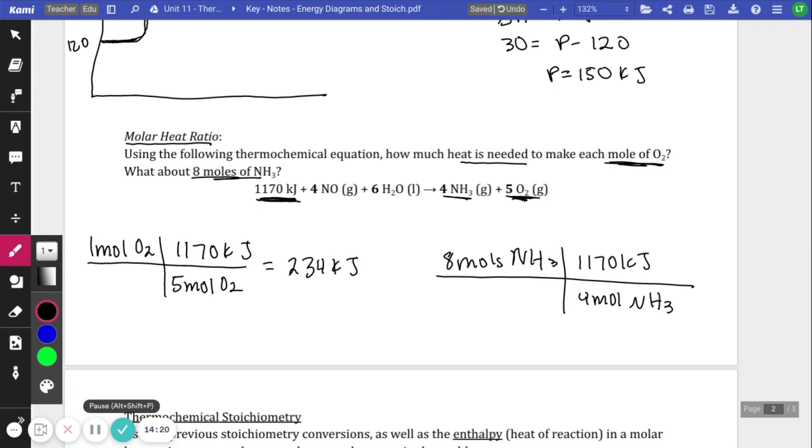And then I can solve it once again. And I got, when I solved that one, 2,340 kilojoules. So really not doing anything terribly different than our normal stoichiometry, other than instead of going from moles of one substance, we go from moles to heat, and we're able to solve it that way.